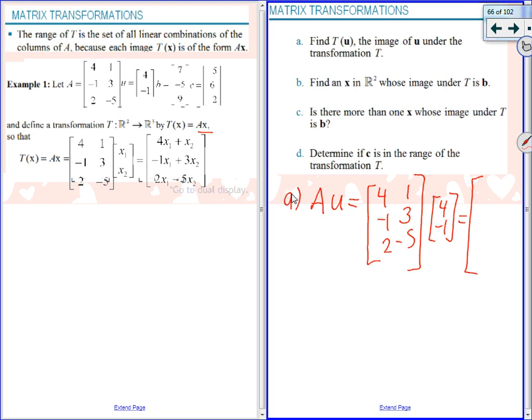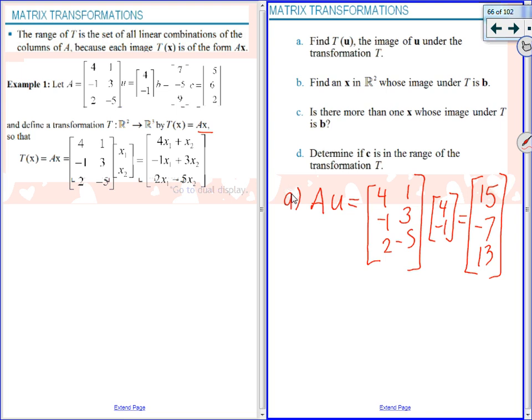And when we do that matrix multiplication, we're going to do 4 times 4 is 16, plus negative 1 is 15, negative 4 plus negative 3, and 8 plus 5. And now I have transformed the matrix. Any questions on that?